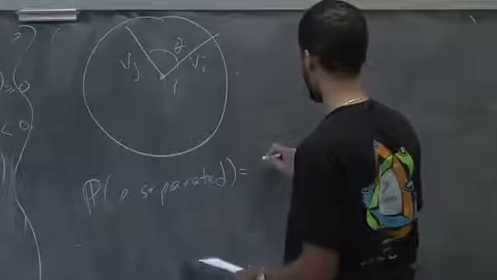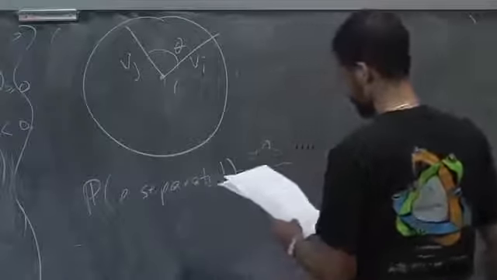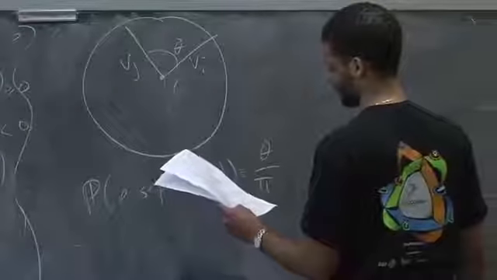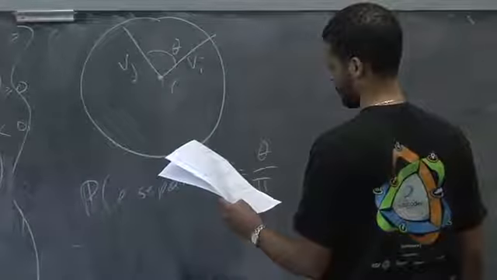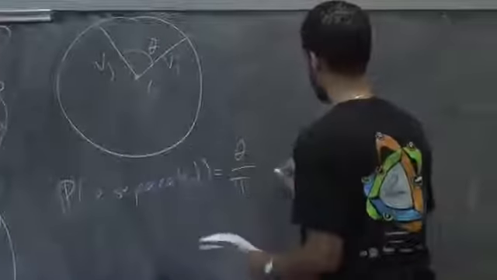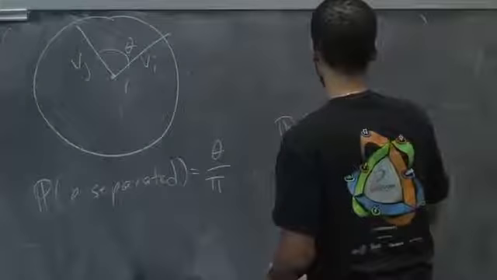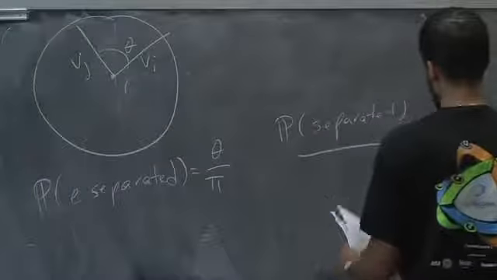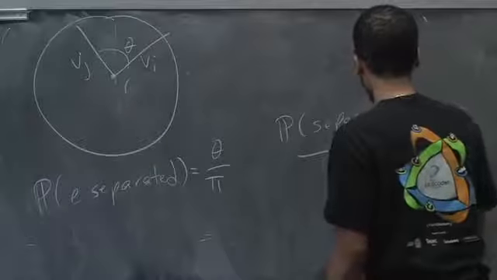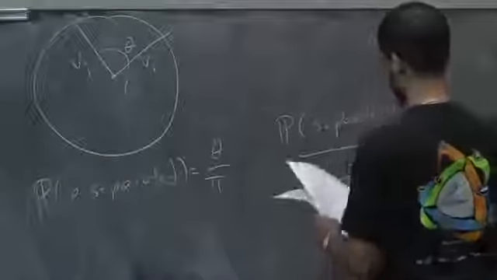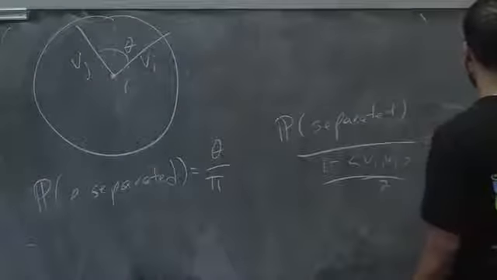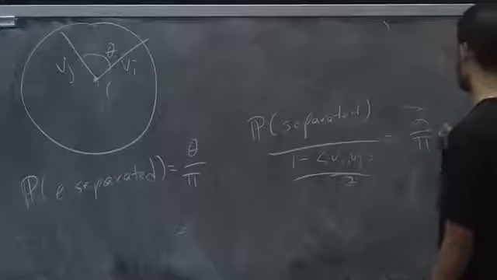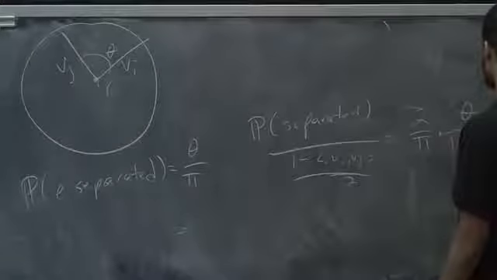The probability that E is separated is theta over pi, which means that the probability separated over (1 minus vi dot vj) over 2 is equal to 2 over pi times theta over (1 minus cosine theta).